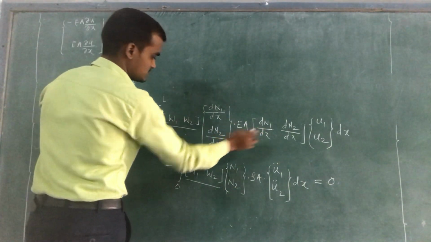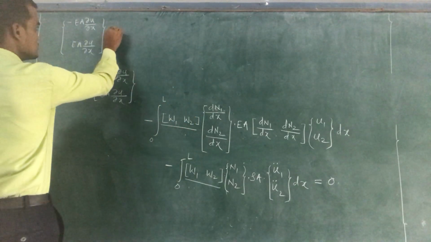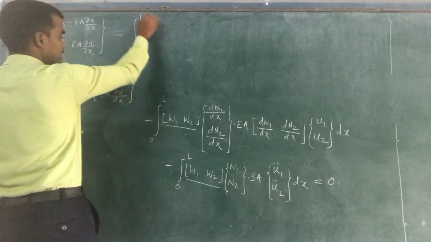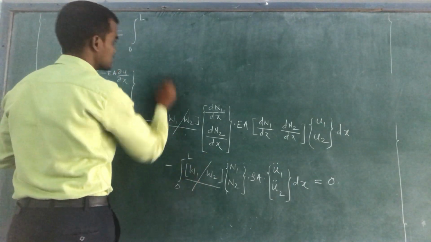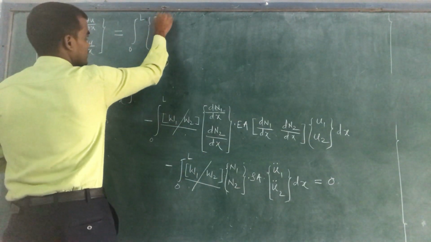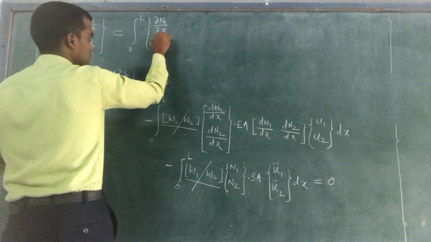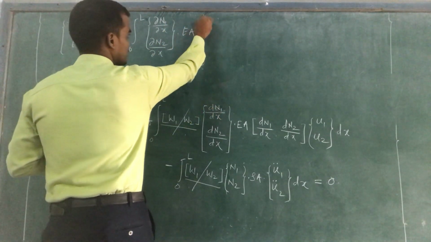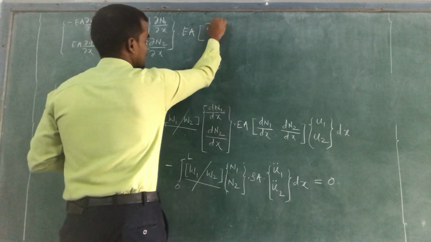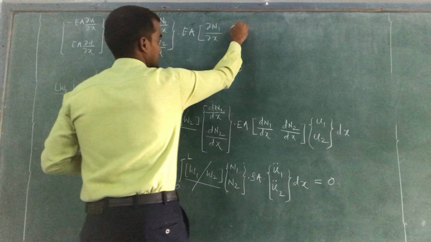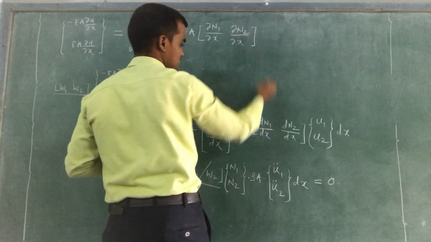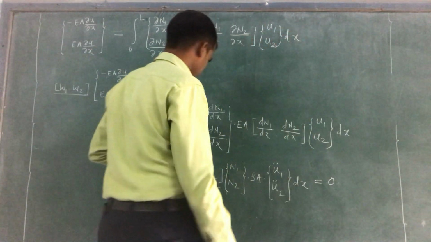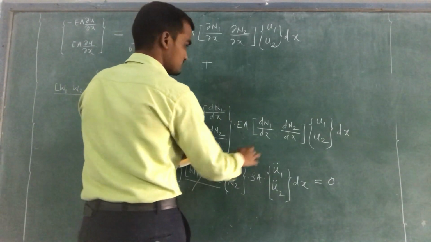Now these two minus terms I am transferring to the RHS. So this will become integration 0 to L, this will get cancelled, and this will become ∂N1/∂X, ∂N2/∂X into EA into this matrix ∂N1/∂x, ∂N2/∂x into U1, U2 dx.